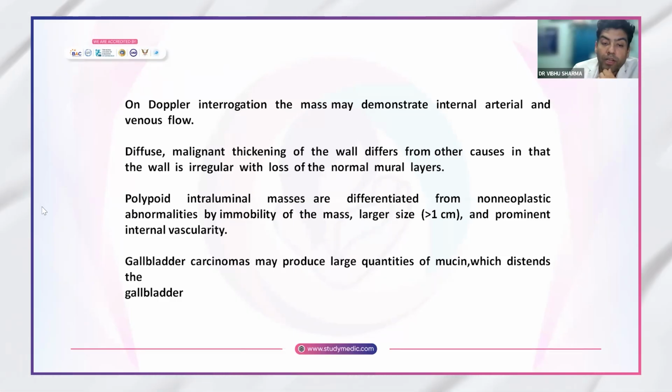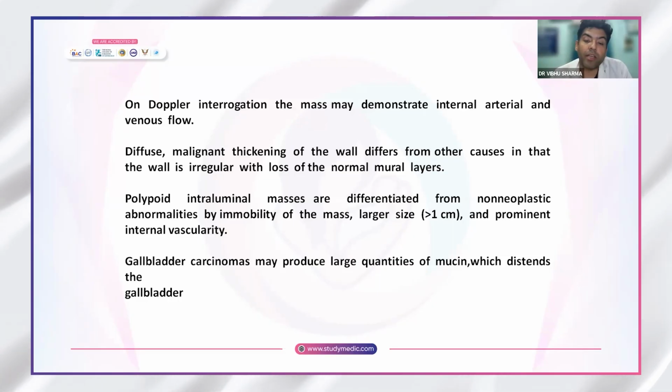Polypoidal intraluminal masses can be differentiated from non-neoplastic ones by immobility, and if they are more than 1 centimeter with vascularity, they are more likely to be GB carcinomas.